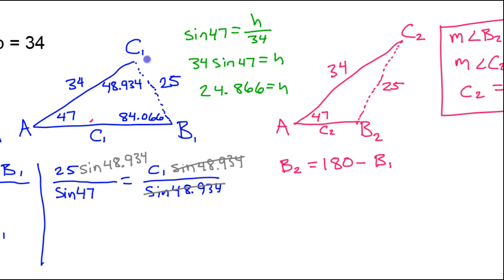This will work every single time that you have two triangles. So B2 is equal to 180 minus this 84.066, and that should give me angle B2, 95.394.